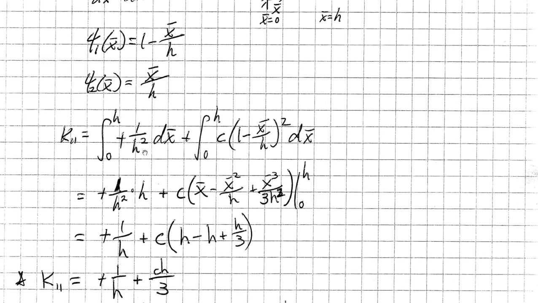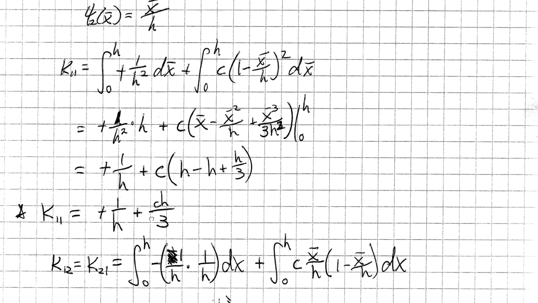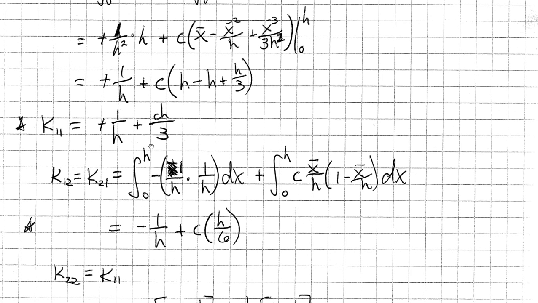This one can be integrated out pretty simply. You integrate this out, evaluate it over 0 to h, and here's what we get for k11. You turn the crank, do this for k12. Turns out due to symmetry, k21 is equal. We get this and this term.